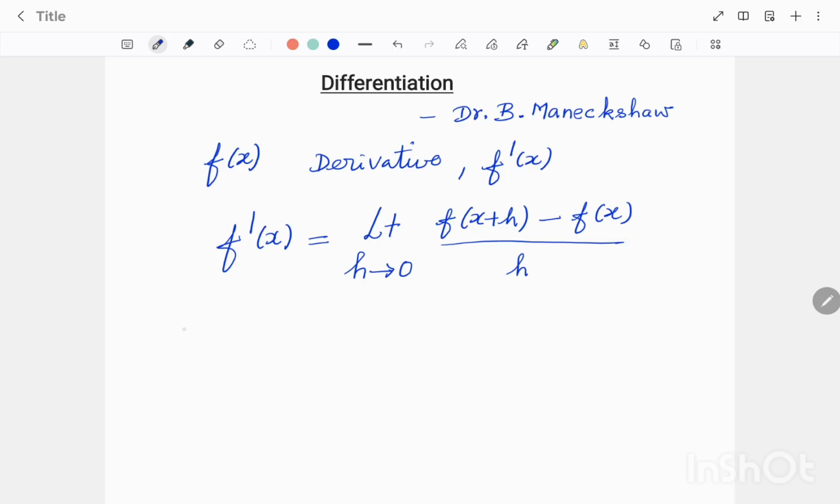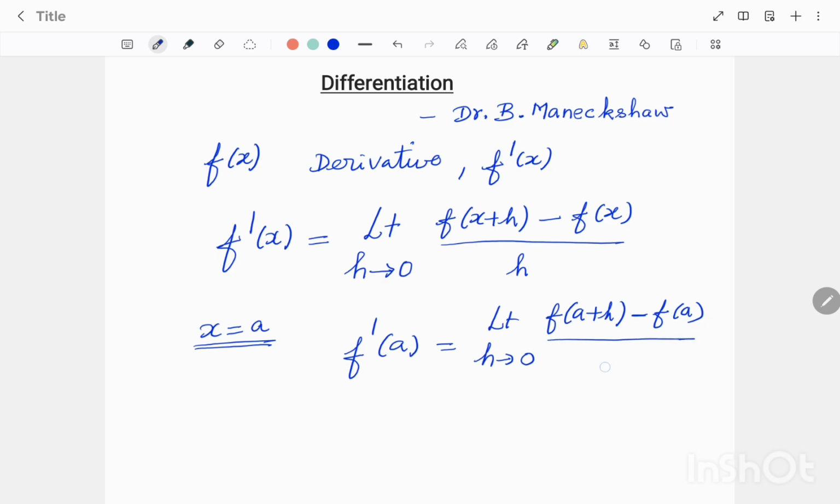At any point x equal to a, we can define f dash of a in a similar way, like limit h approaches 0 of f of a plus h minus f of a divided by h. Here h is approaching 0.